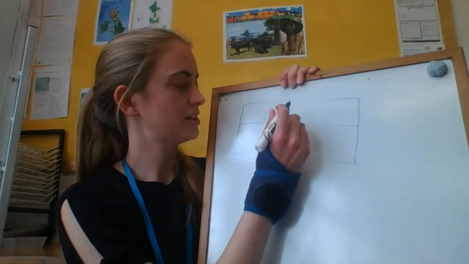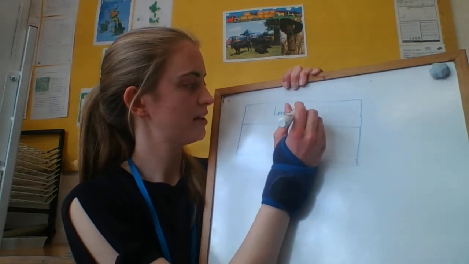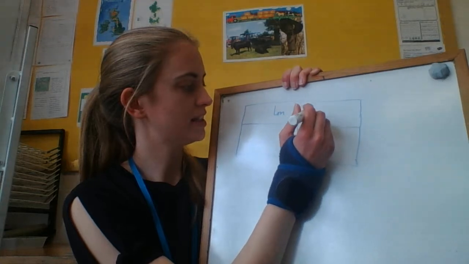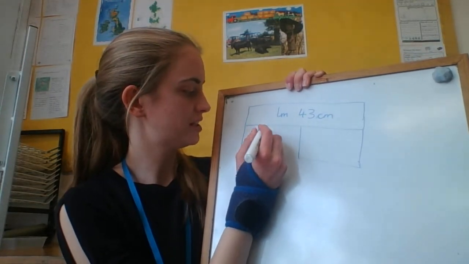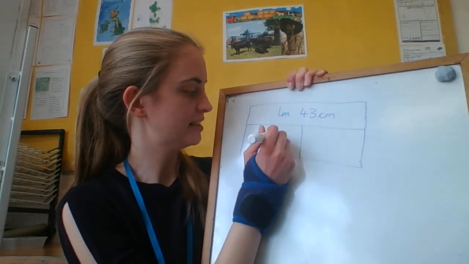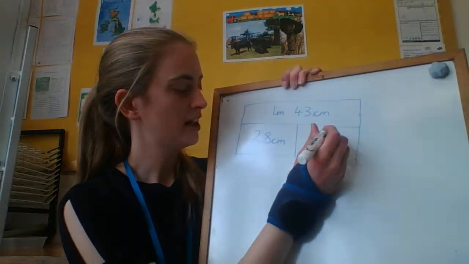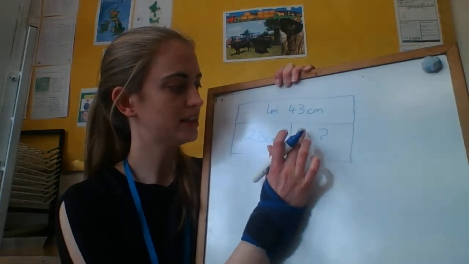Today, we're going to have 1 metre 43 centimetres there, and in here we're going to have 28 centimetres, and then we want to know what that is. Okay, what is this box?